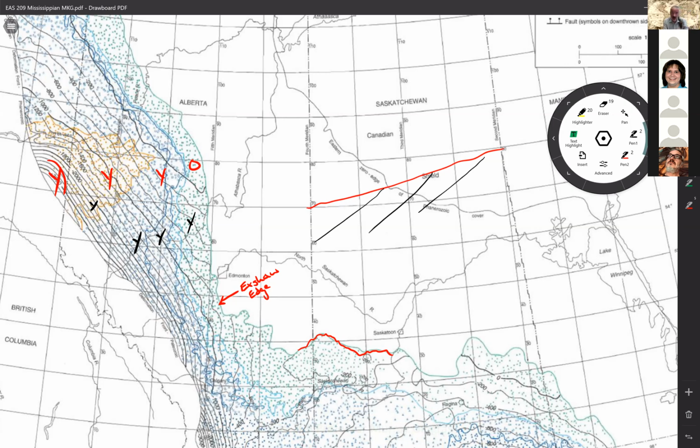And through Steno's law of superposition, we know that this is the oldest rock, this is the youngest rock, and younging is in that direction, meaning that in the map view, we see exactly the same pattern. We see oldest rocks in the map going to youngest rocks in the map. Kind of an important concept. Anyone have questions about that? Okay, fantastic.